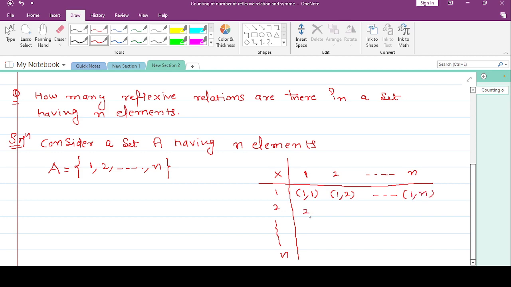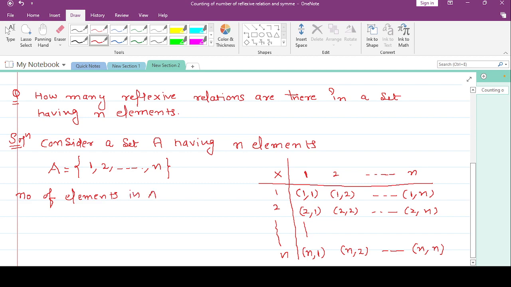Next is (2,1), (2,2), up to (2,n). Next one is (n,1), (n,2), and the last is (n,n). Now the number of elements in A cross A.